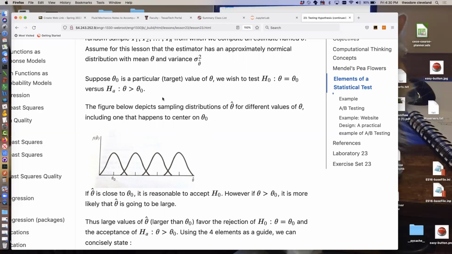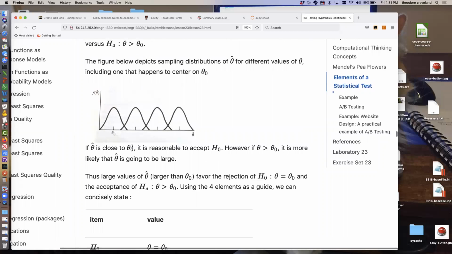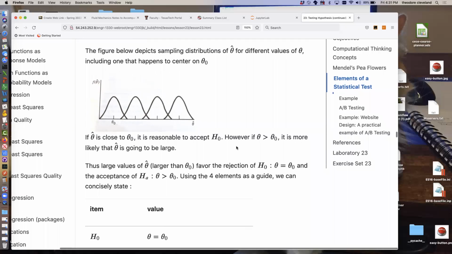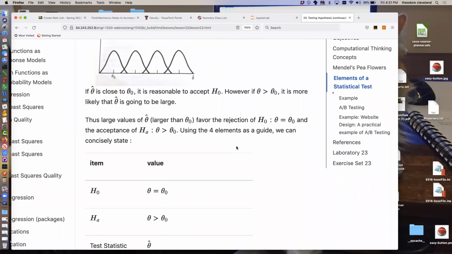But as we start to get closer and closer, depending on the sample, these things are coming up every time we make a sample. Every time we did those 10,000 lifetimes, each one produced a different one, but most of them kind of hovered around here. And that's why we selected to not reject. So if theta hat happens to be close to theta 0, it's reasonable to accept the null hypothesis. However, if that's not the case, it's more likely that theta hat is going to be large. Thus, large values of theta hat relative to theta sub 0 favor rejection of the null hypothesis.